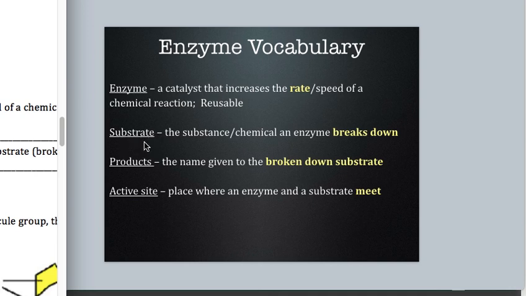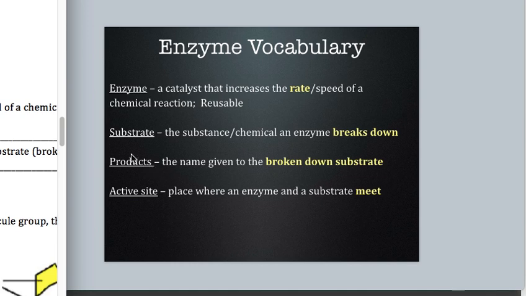And the substrate is just a fancy name given to the chemical that an enzyme breaks down. So for example, pepperoni. The substrate is the protein in the pepperoni, and it's going to combine with the enzyme, and the enzyme's going to break down the pepperoni into amino acids and fatty acids.